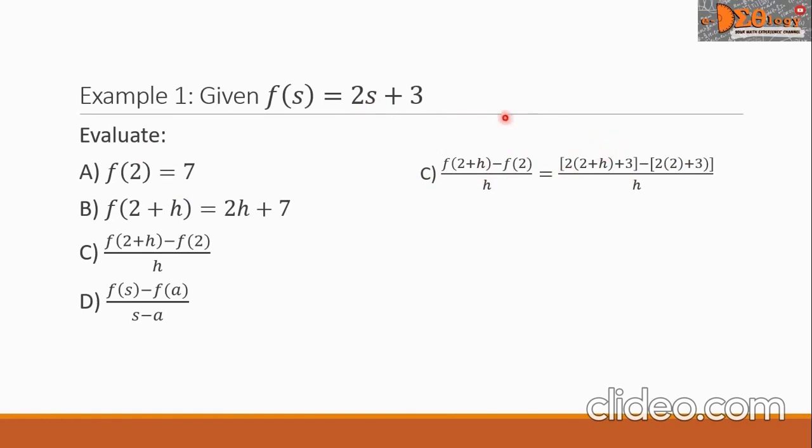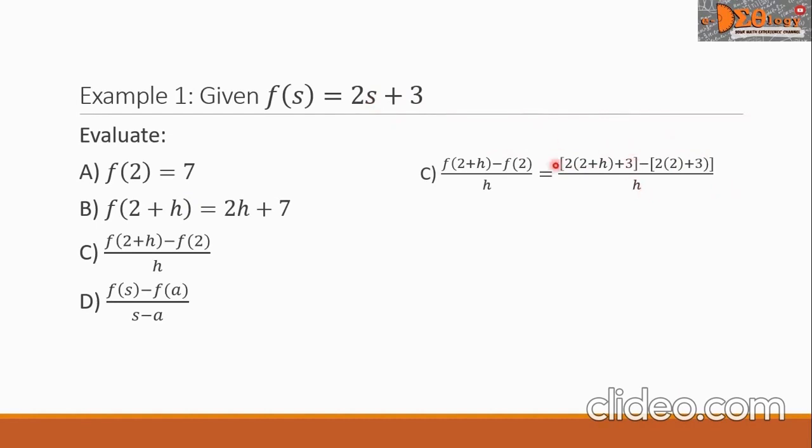This is for the f of 2 plus h. Then minus the f of 2. The same idea. I will copy this function in here, and then for every s that I see, I will change by the number 2. So we have here 2 times 2 plus 3. Then all over the h.